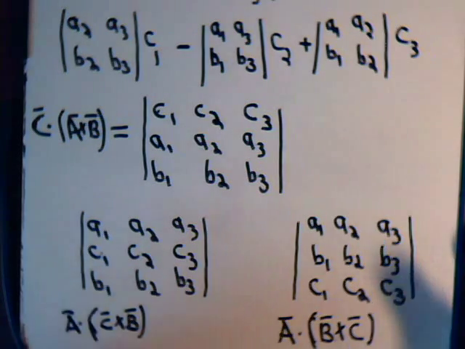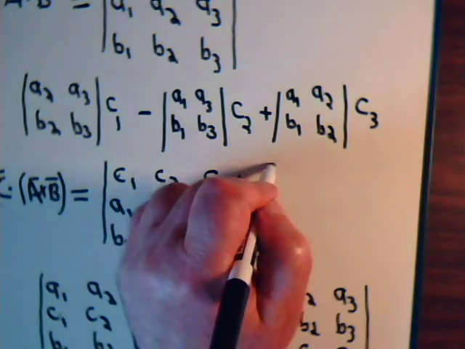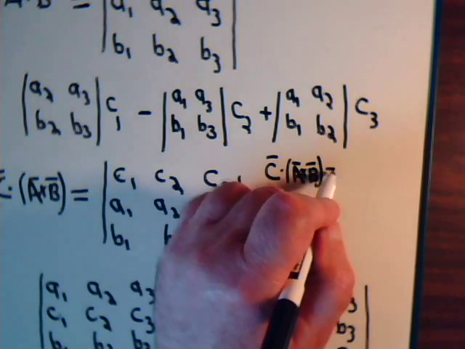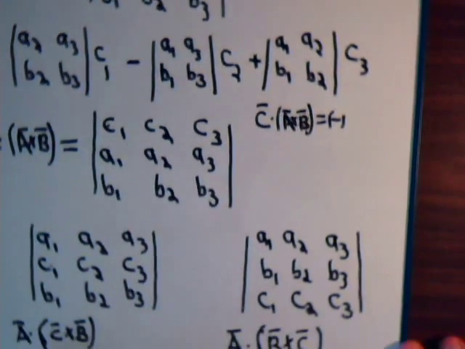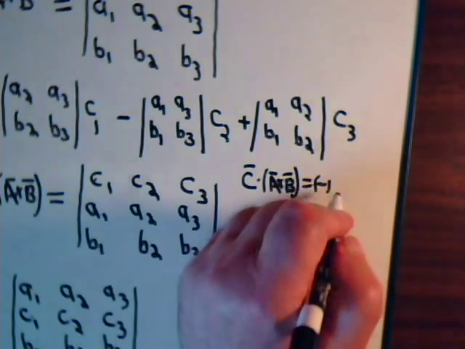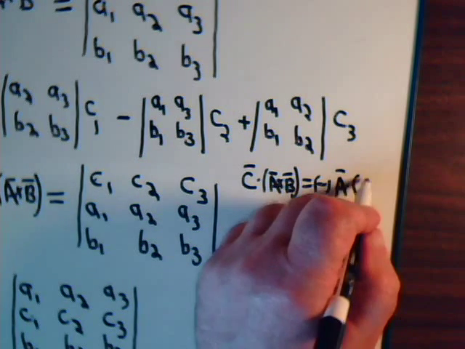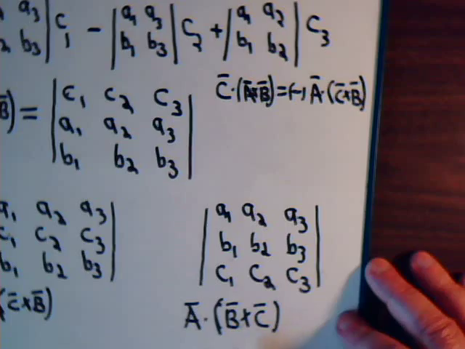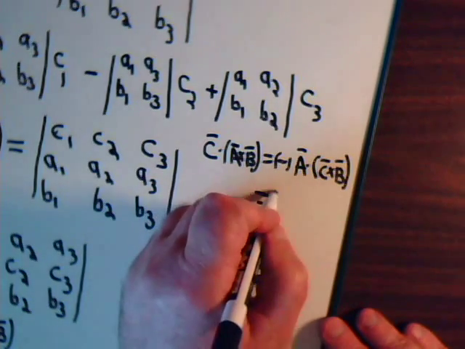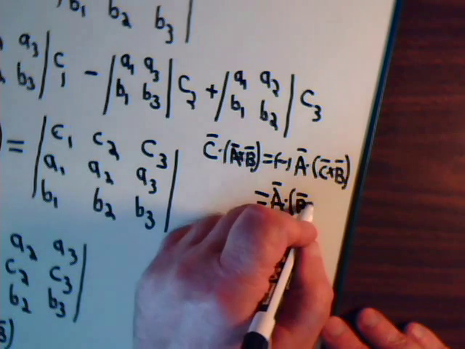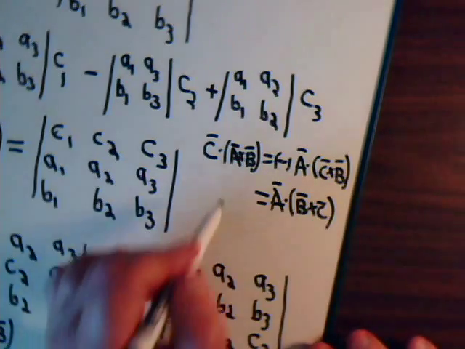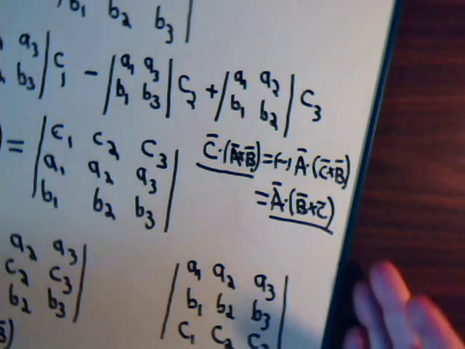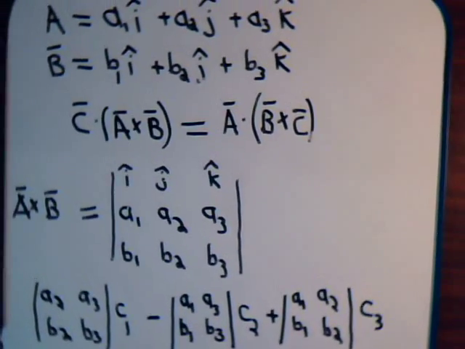So what we have is, starting here, C dot A cross B equals minus A dot C cross B. But it equals A dot B cross C. And this is the equation that we wanted to prove from up here.